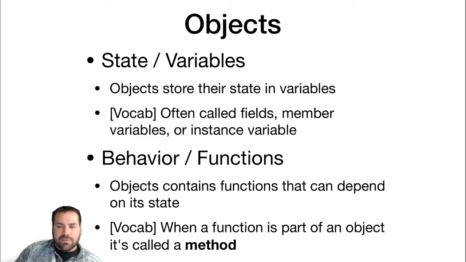I mean, it can have multiple variables, but that state is defined by the variables in that object. And then the behavior: how does this object behave? Well, that's defined by the methods that can be called on that object. So an object is a collection of variables and functions. That's what an object is. That's what it can have. Variables and functions, referred to as its state and its behavior.